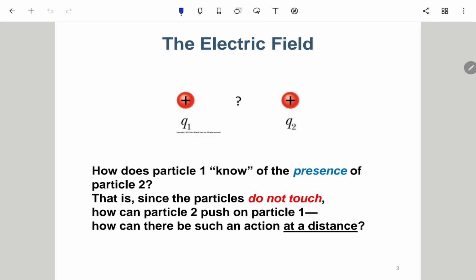Okay, so this is the E field. In this figure we can see on the left side there is a charge called Q1, and on the right side there is another charge called Q2. Both of them are positive, but it doesn't really matter whether they are positive or negative. Maybe it also works if one is positive and one is negative.